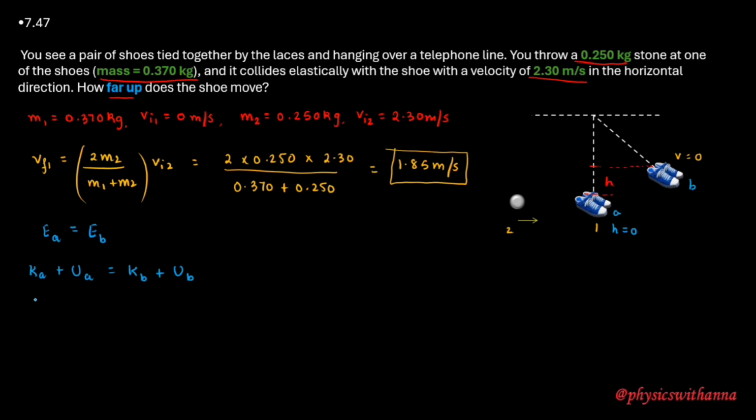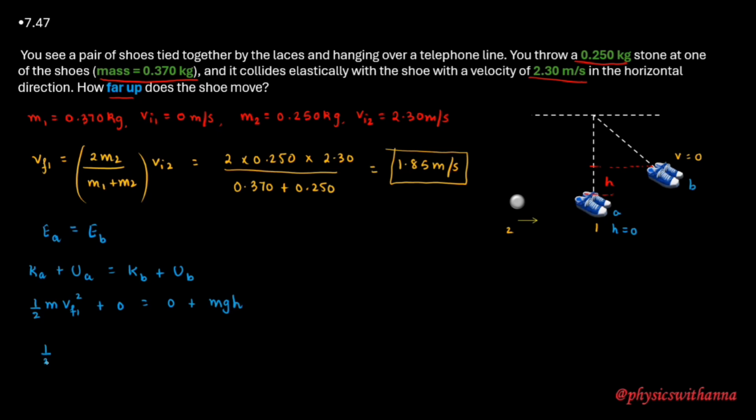Kinetic energy at A is half m v final 1 squared, which is the velocity with which the shoe started moving. Potential energy, on the other hand, since this is the reference point and the height h is 0, will be 0 here. Kinetic energy at position B will be 0 as the velocity of the shoe at this position is 0, but its potential energy will be mgh.